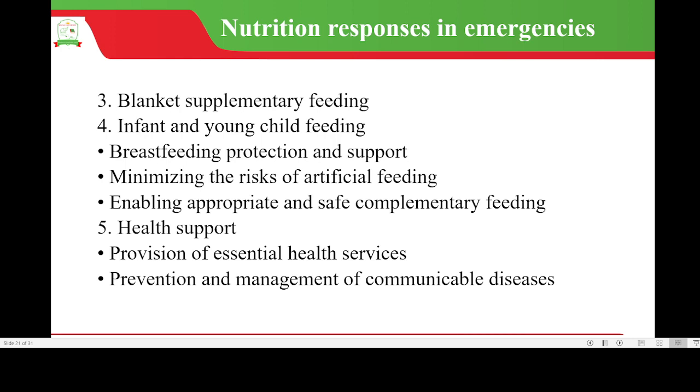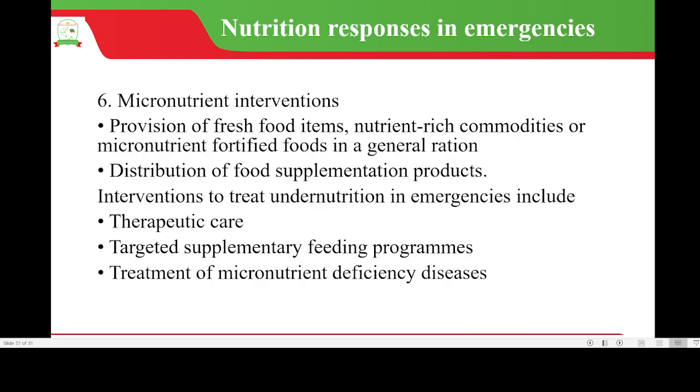Then we have health support in terms of provision of essential health services and then prevention and management of communicable diseases. Then micronutrient interventions: the provision of fresh food items, nutrient-rich commodities, or micronutrient fortified foods in a general ration.